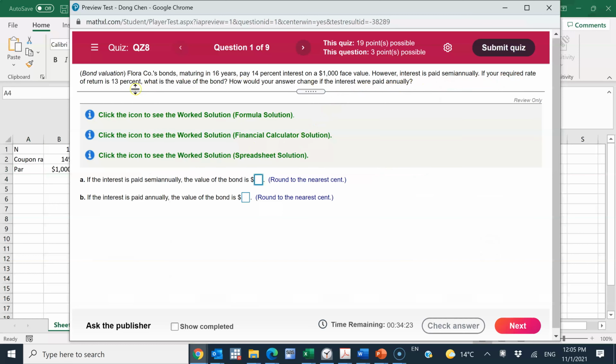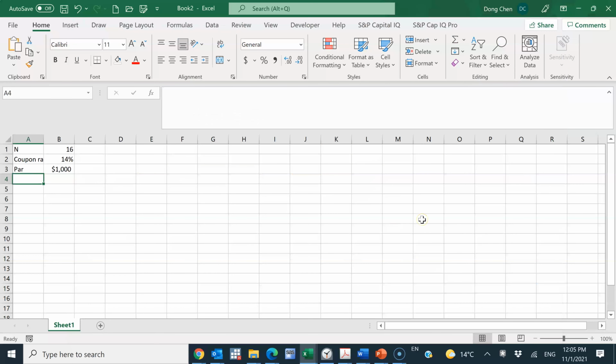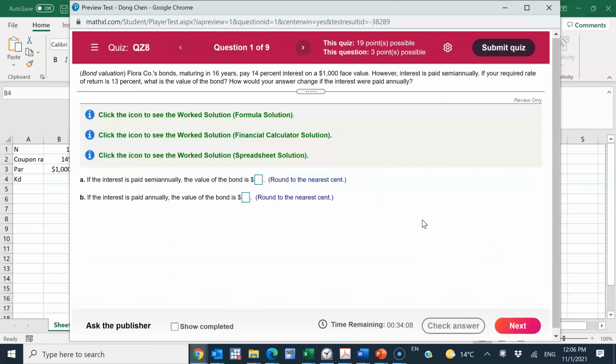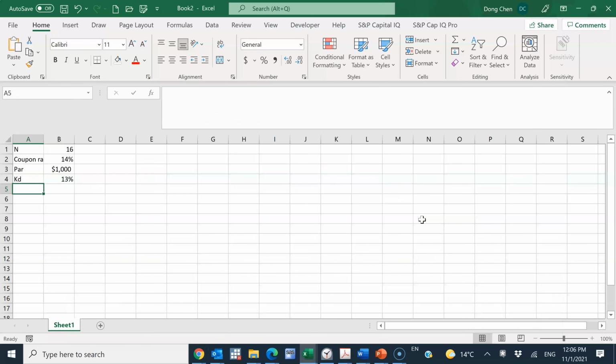If your required rate of return is 13%, right, so that's my, using the notation, that should be K debt, that's 13%. So remember, by default, all these are coded in annual terms. So as we said, eventually we need to convert all these values, probably except for the par value, into semi-annual numbers.